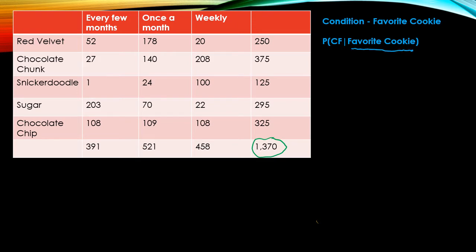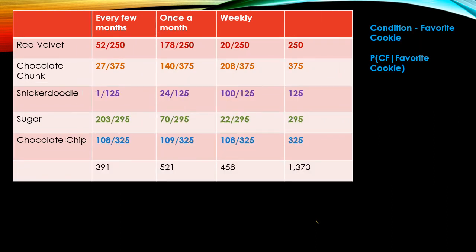So what's the probability that the customers came in every few months, once a month, or weekly, given that their favorite cookie was red velvet or snickerdoodle or chocolate chip? Now to compute the conditional probabilities, because the condition is given as a row in this table, we divide by the row total.